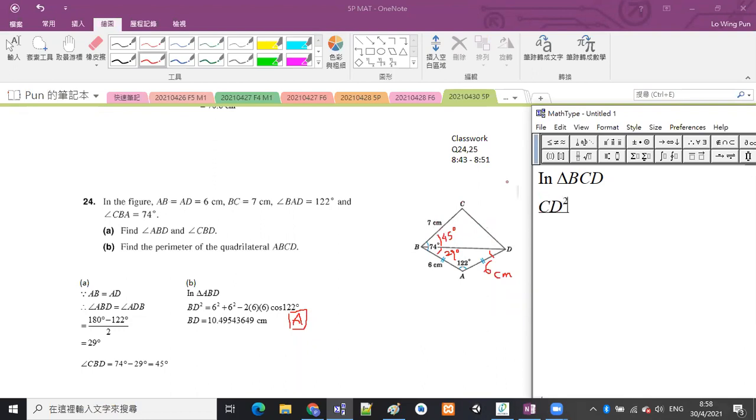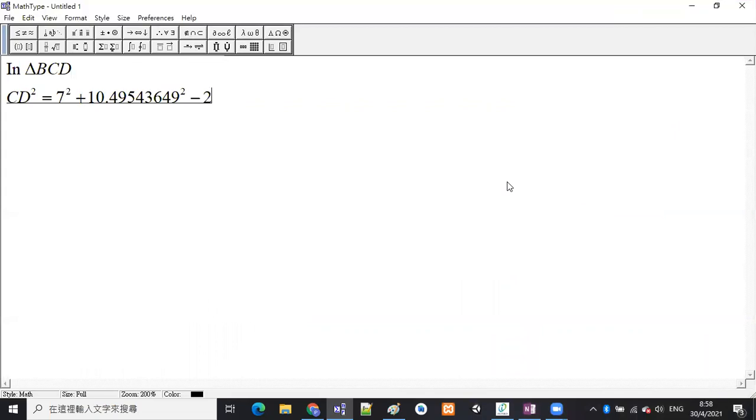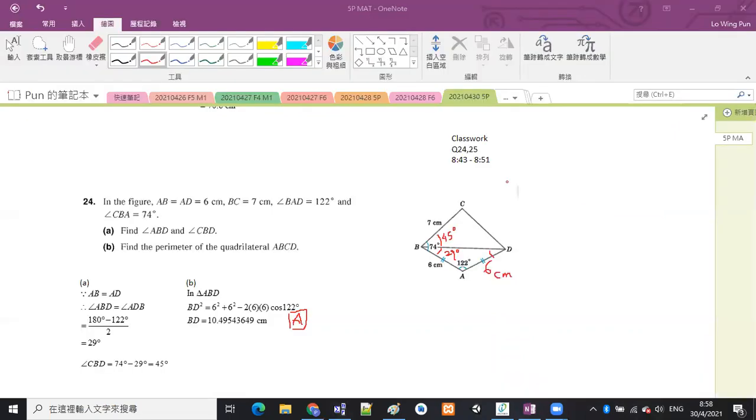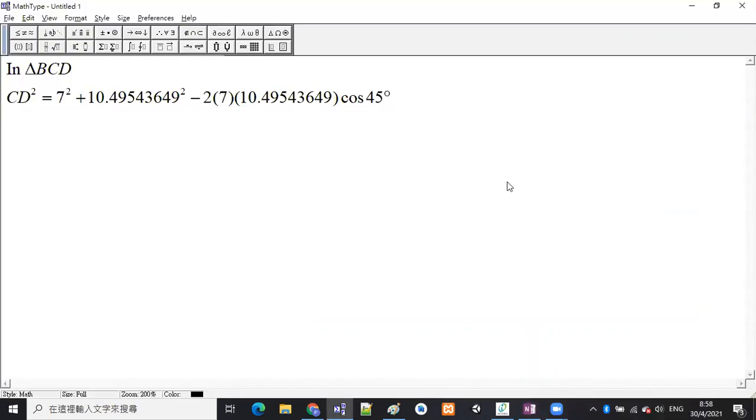So CD squared is equal to 7 squared plus BD squared minus 2 times 7 times BD times cosine of the angle, that is 45 degrees.